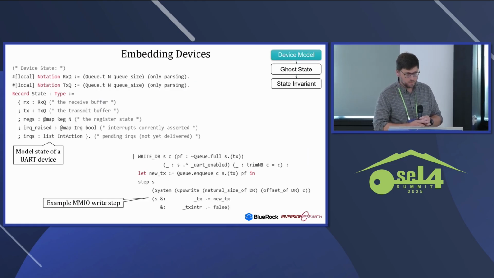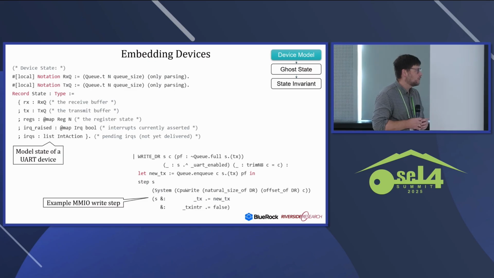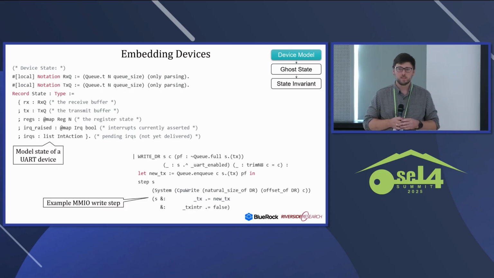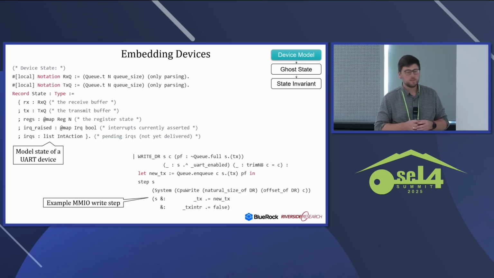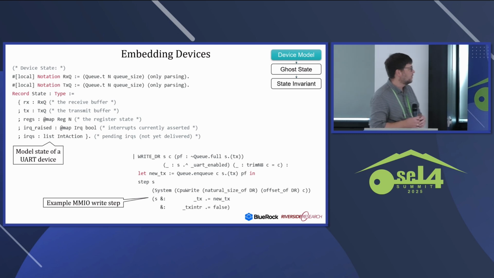Okay, so I said the first step is we need to embed devices into the program logic. There's sort of 3 sub-steps here. We're first going to build an operational model of the device. So this is just a standard small-step operational semantics. It's derived from documentation of the device and also litmus tests on the device. And this gives you sort of a small subset of a model of a UART.